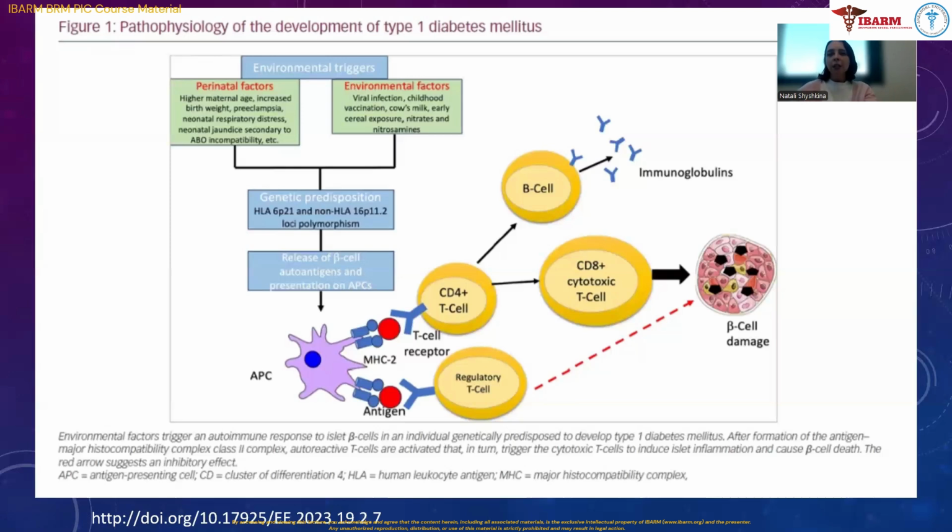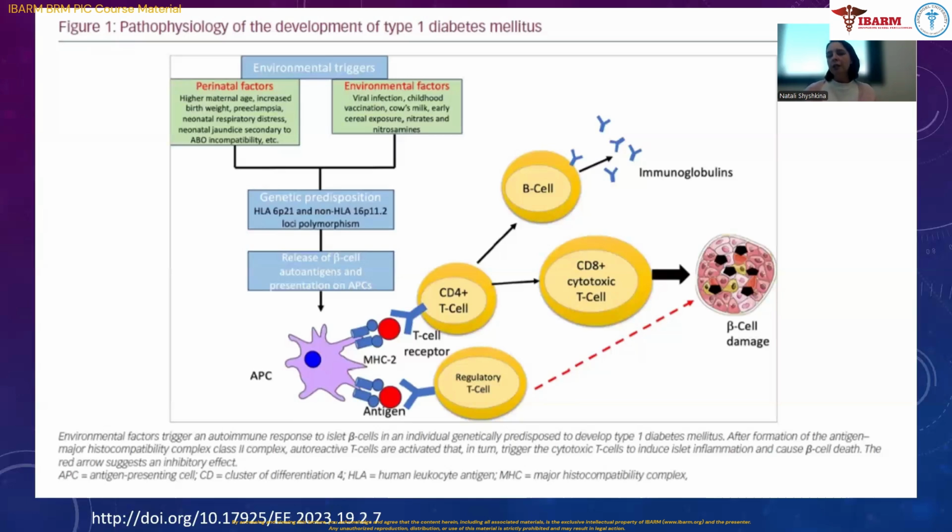So it's a huge process, and right now I just wanted to highlight the difference between type 2 and type 1 diabetes. Type 1 diabetes is about autoimmune reaction, genetic predisposition, some environmental triggers, and the specific reaction of our body to it.